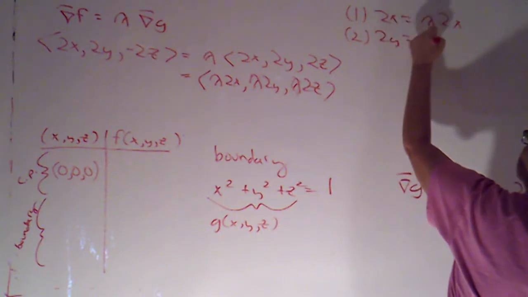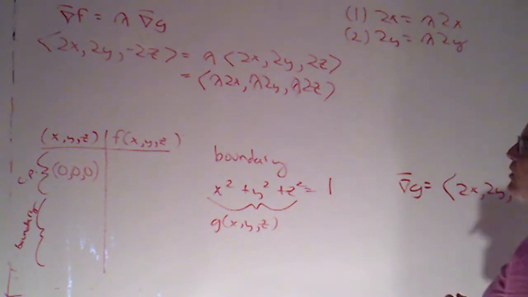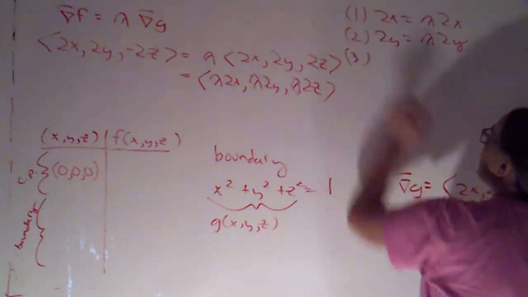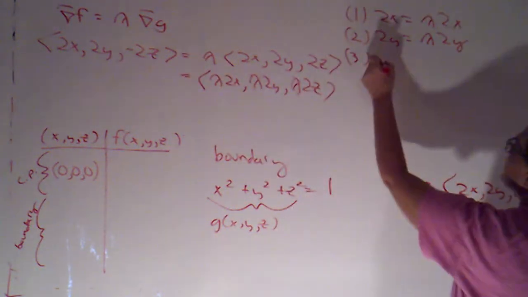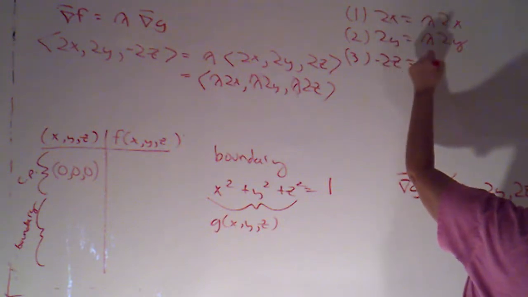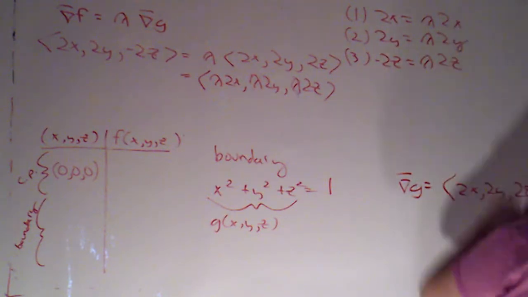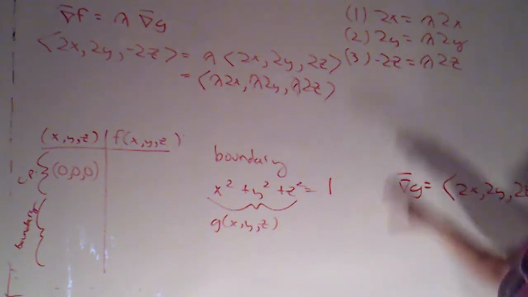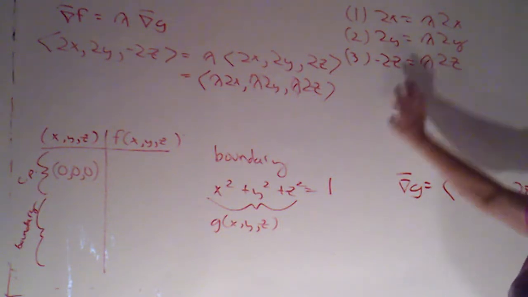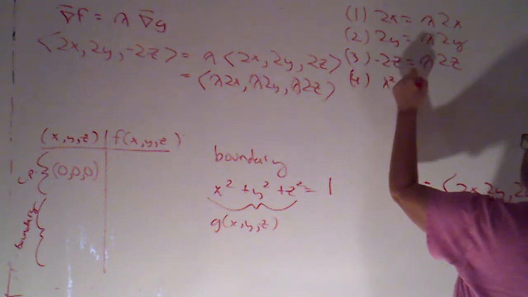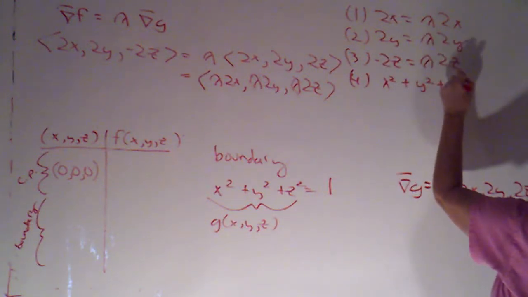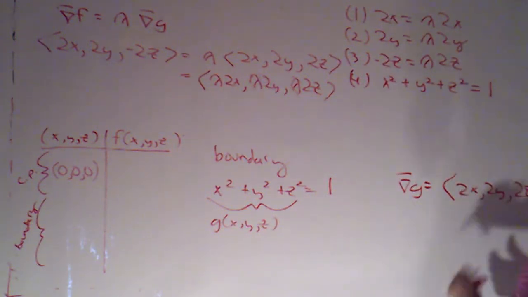So 2y is equal to lambda times 2y. Third equation, third components have to be equal. So negative 2z is equal to lambda times 2z. And then the fourth equation is my constraint. And it is the constraint equation, x squared plus y squared plus z squared equals 1.